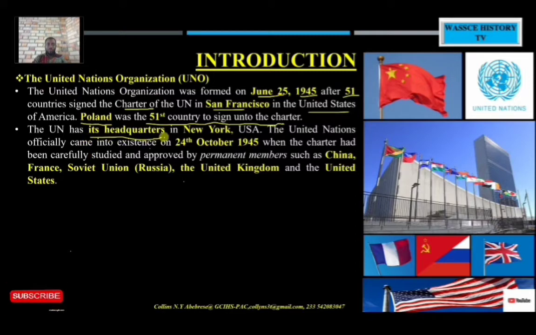Now, the UN has its headquarters in New York, of course in the US. And the building you see here is the UN headquarters, which is situated in New York, in the United States of America.